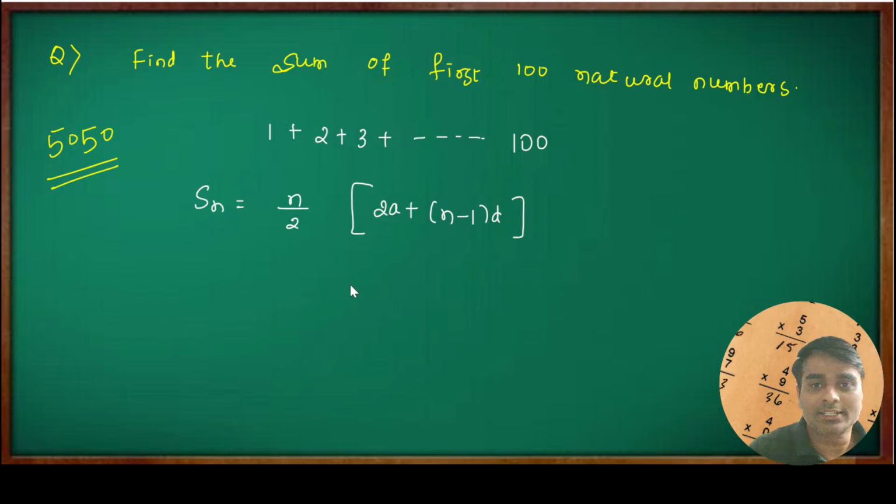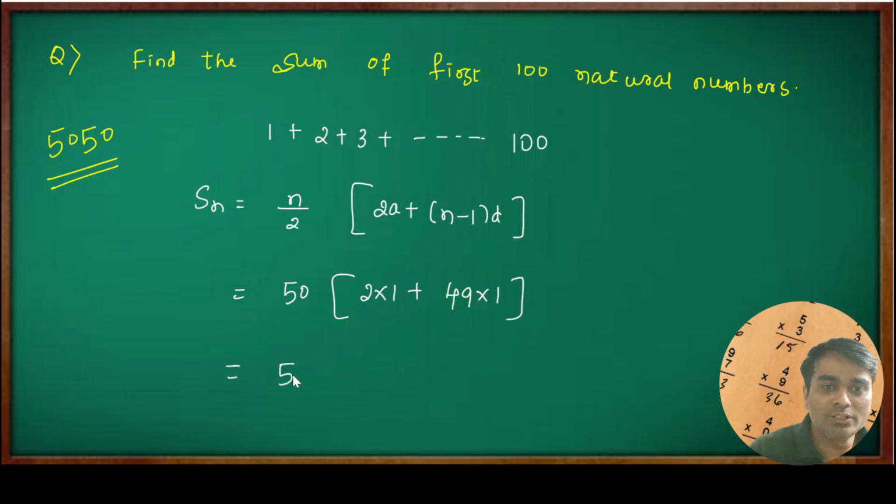Okay, let's check. Here 100 are there, therefore this will become 50, 100 by 2, correct. Then this will be 2 into 1, and this is 99. Again the difference is 1.